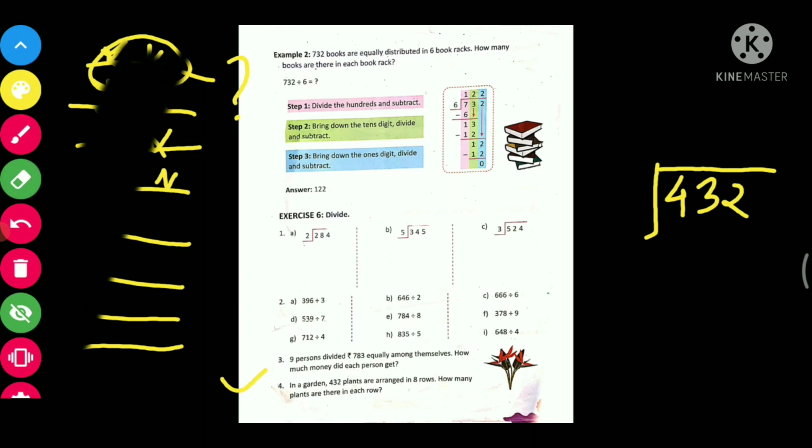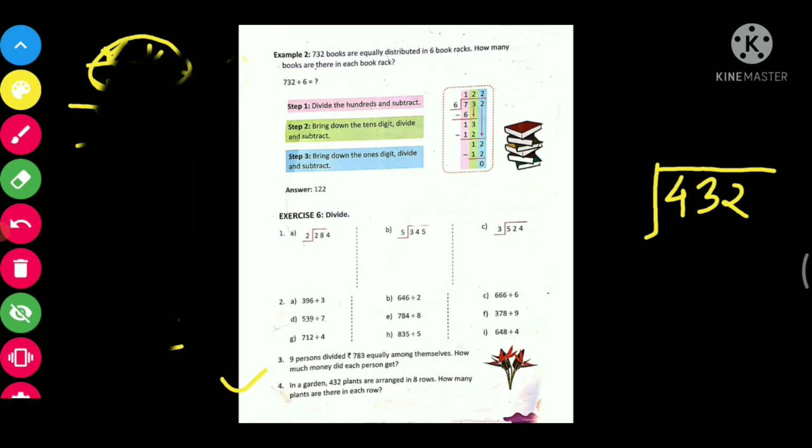So now we'll divide 432 by 8, right? Because these are arranged in 8 rows. So we'll write 8 here. Now see, our divisor is 8, and in the dividend part, in the 100 place 4 is there, which is smaller than 8.